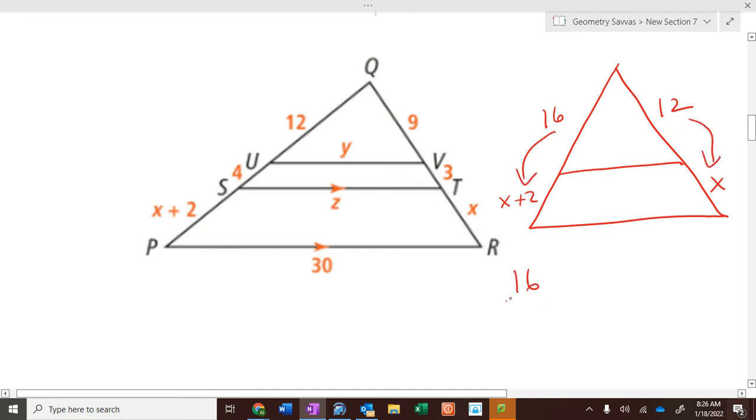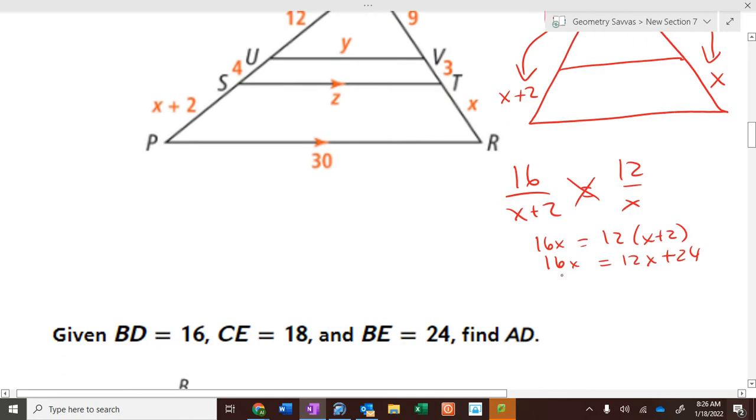So 16 over x plus 2 equals 12 over x. What do we do to each side? Cross multiply. 16x equals 12 times x plus 2. 16x equals 12x plus 24. If we subtract 12x, we get 4x equals 24.